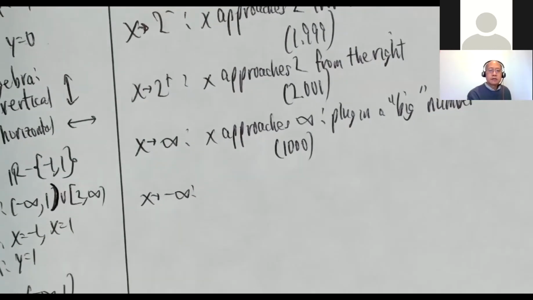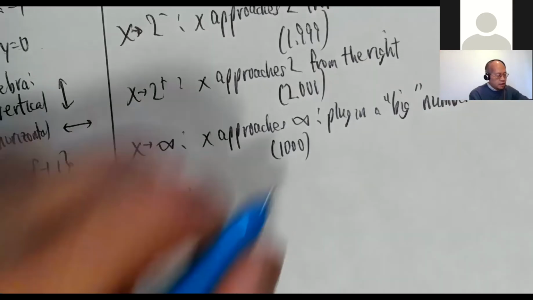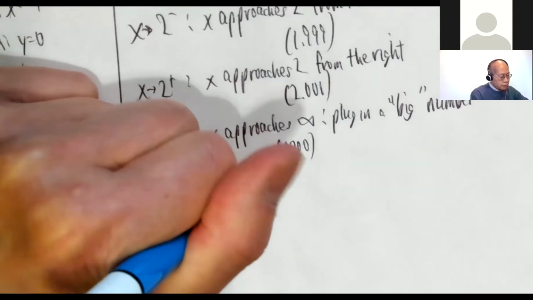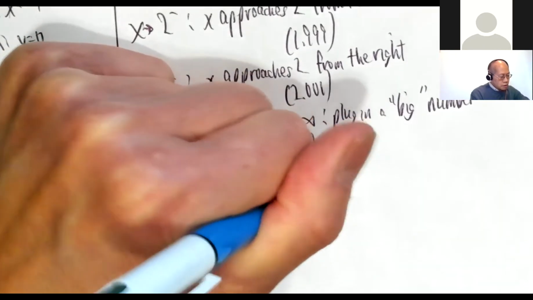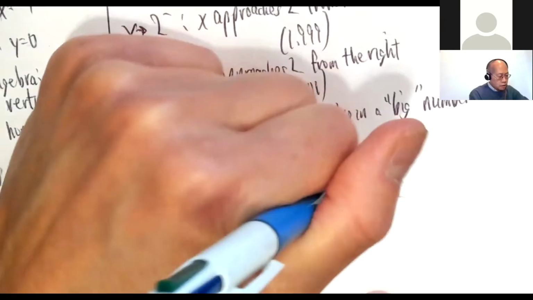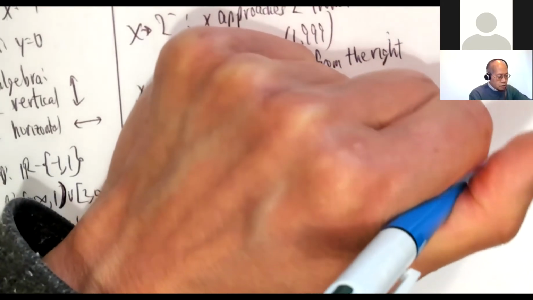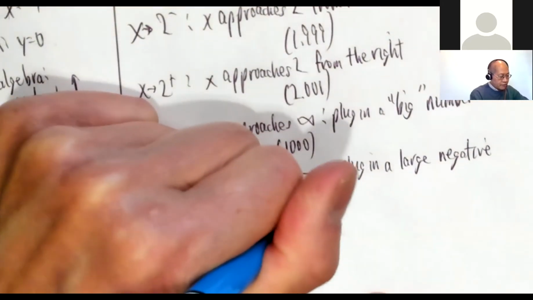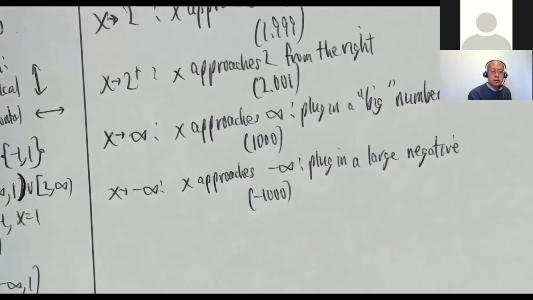X approaches negative infinity. Plug in a large negative. So maybe like negative 1,000. Something like that.